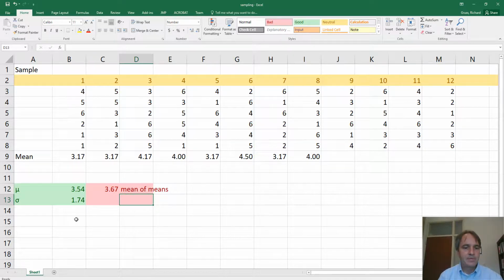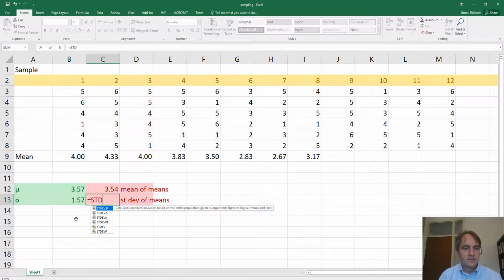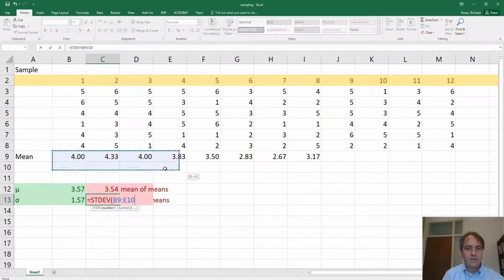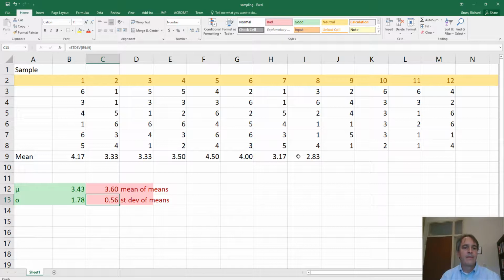Let's see what happens when we take the standard deviation of the means. We see now we've got 3, 4, 4. It's always around 3 or 4. Well, let's take the standard deviation of those means. So the standard deviation of all of these sample means here, and we have a number, 0.56.